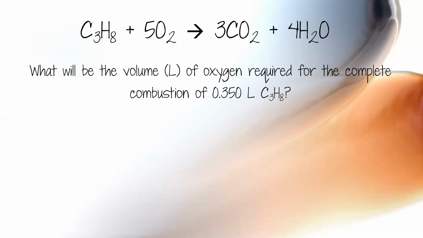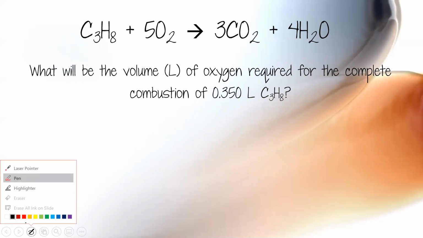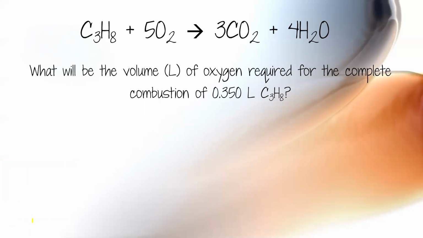So let me get my highlighter. We have that much of C3H8, which is right here, and the question is volume of oxygen, which is right there. If you want to write underneath your problem, 0.350 liters and question mark liters.